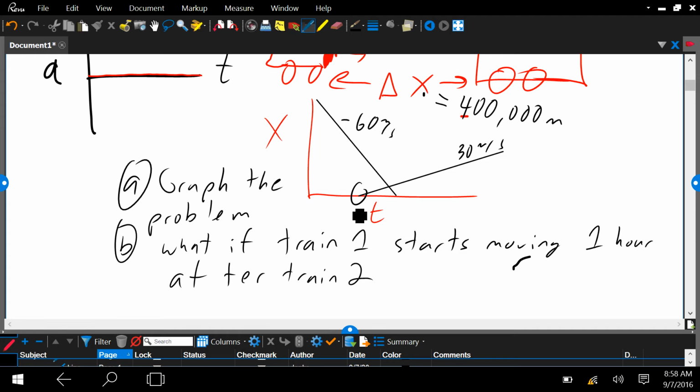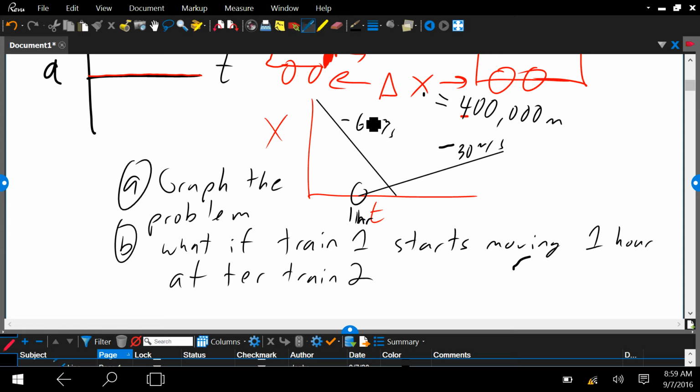So the time right here was 1 hour, which is train one, the 30 meters per second one. If it were the other one, it would just start at 1 hour, right in the middle of space, and go down, which would be okay also, just a little more awkward. So you would just change the way you graph it like that. So are we good handling that little issue there?